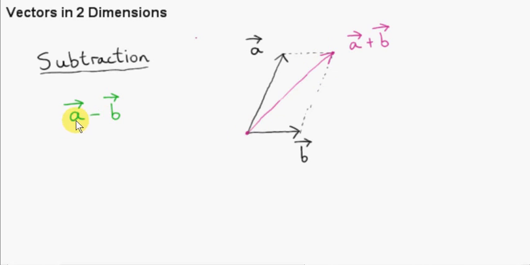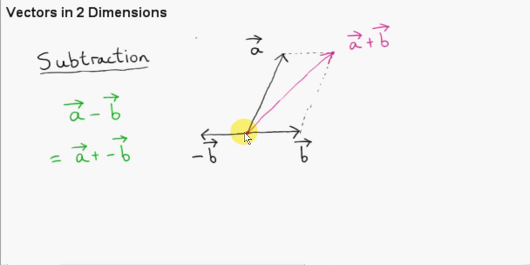Now let's consider vector A minus B. Well, we can actually write this as vector A plus vector minus B. What is vector minus B? Well, that's a vector which has the same magnitude as vector B but points in a direction that's opposite to vector B. So here it is.